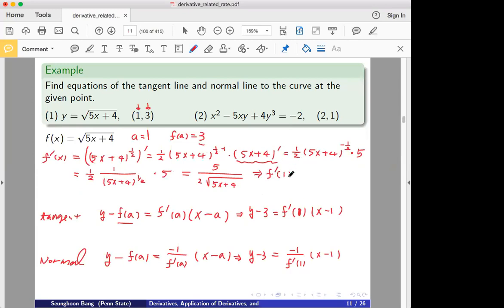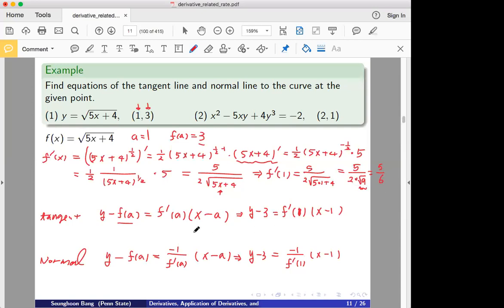Plug 1 in for x: 5 over 2 times the square root of 5 times 1 plus 4, which is 5 over 2 times the square root of 9. What is the square root of 9? Yes, positive 3. 5 over 2 times 3 is 5 over 6.